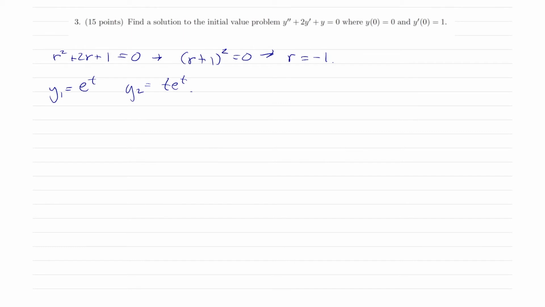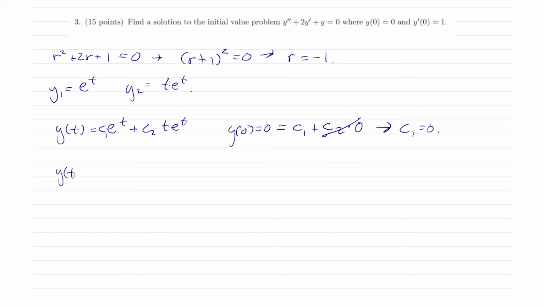So we have repeated solutions. Now let's solve this initial value problem. Our solution is y of t is equal to c1 e to the t plus c2 t e to the t. We need to figure out what c1 and c2 are. If I plug in y of 0 equal to 0, this gives me c1 plus c2 times 0, so that goes away. That tells me c1 is equal to 0. Now y of t is c2 times t e to the t.